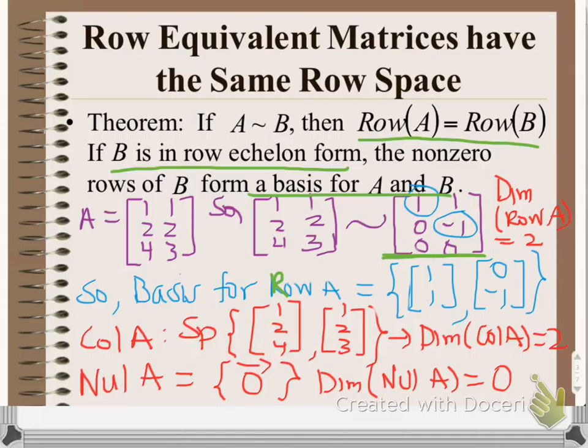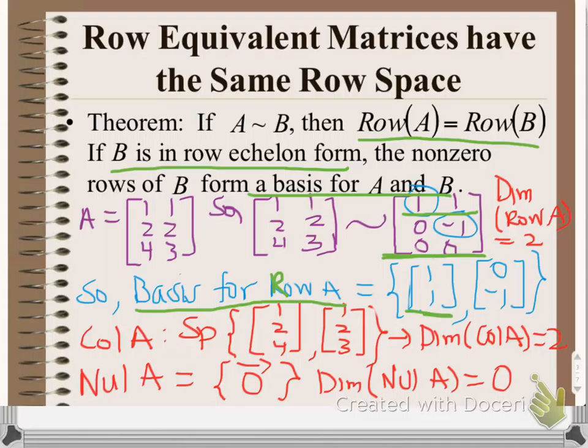So here the basis for the row space is the vector 1, 1. All I did was take that row and create the vector 1, 1. Those represent the same thing, because again, we're looking at the linear combinations of the rows. So a basis for the row space is 1, 1, and 0, negative 1.